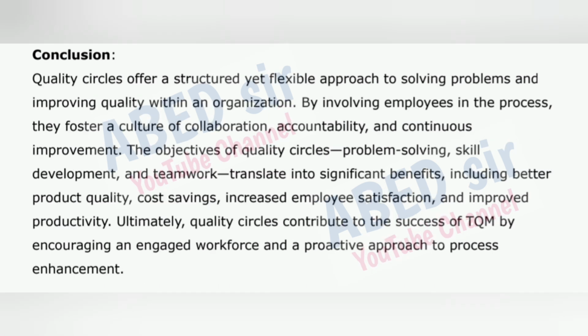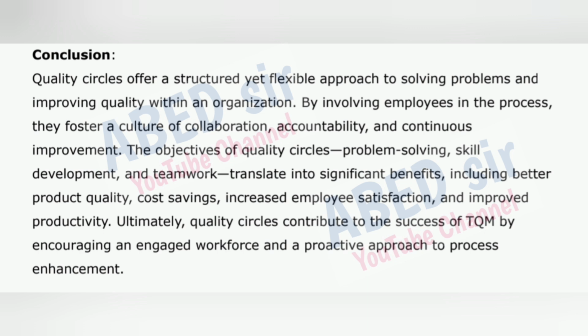Conclusion. Quality circles offer a structured yet flexible approach to solving problems and improving quality within an organization. By involving employees in the process, they foster a culture of collaboration, accountability, and continuous improvement.